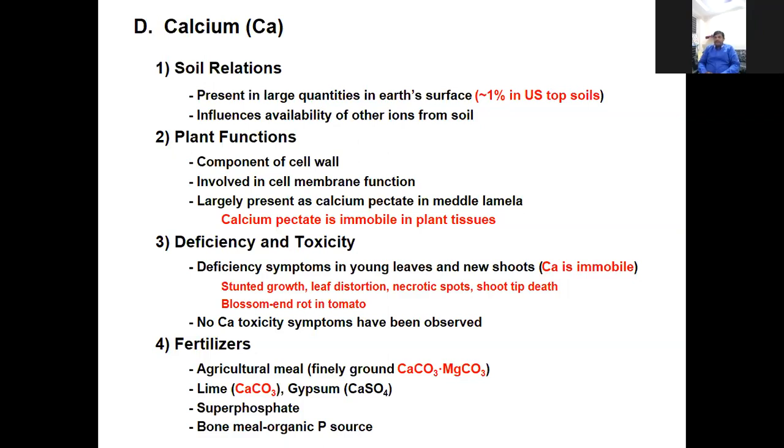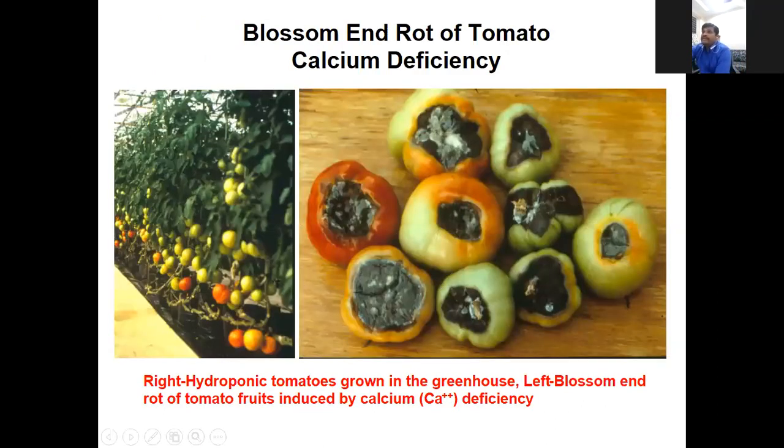Then lime CaCO3, gypsum calcium sulfate, superphosphate and bone meal are also used as a correction for calcium deficiency. Here is the pictorial description of calcium deficiency, known as blossom end rot in tomato. Okay.